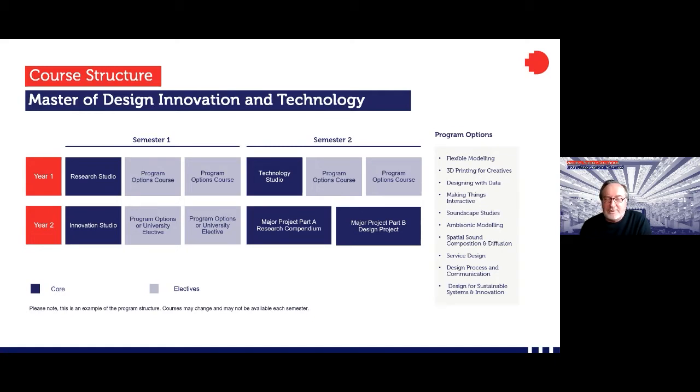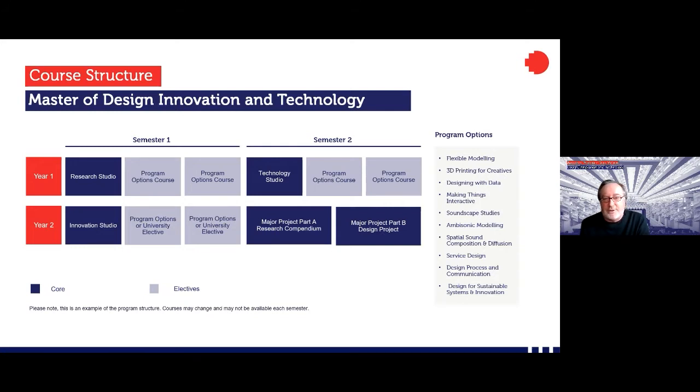And I guess the difference between the grad cert and the masters, the grad cert gives students the opportunity to focus on one of the research streams and potentially augment and reshape the direction of their career path, whereas the masters gives a much more grounding into design research and into design innovation technology, and ends with a major project, which is a self-driven individual project from each student, and includes the production of a thesis book, a research compendium that goes with that.